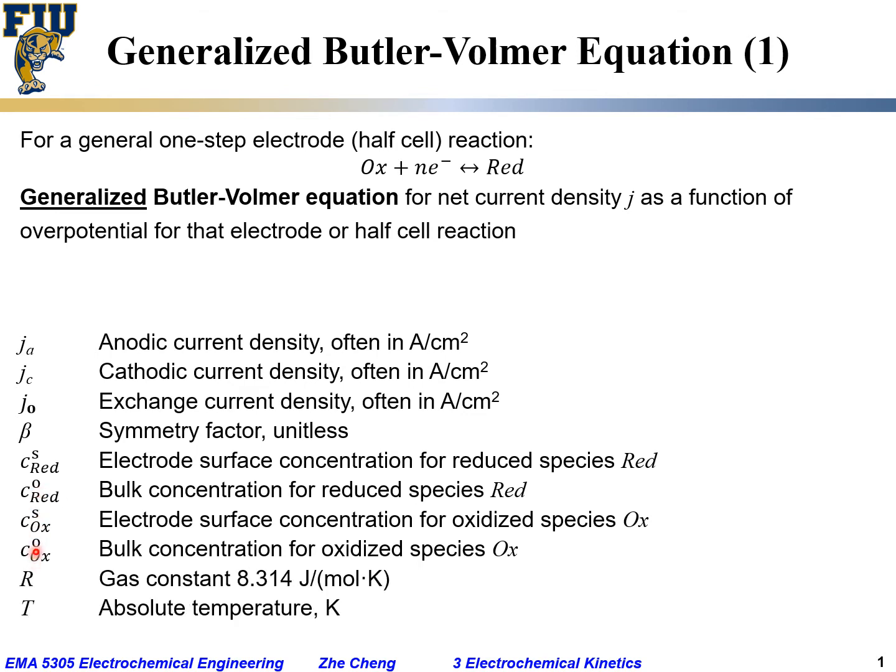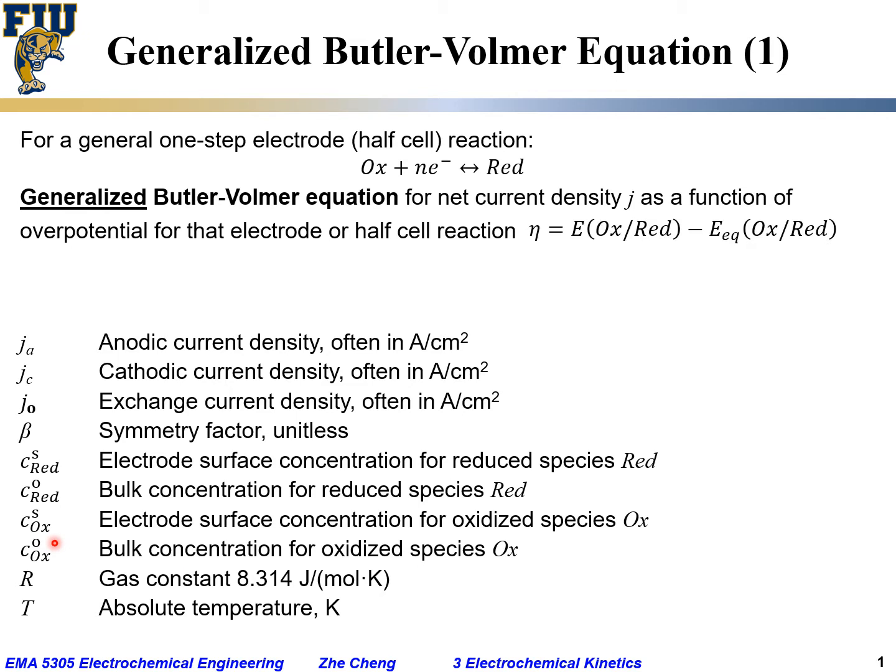Similarly, CS OX and C0 OX are the surface as well as bulk concentration for the oxidized species, OX. OX for oxidized species, S for surface, 0 or naught for bulk concentration.